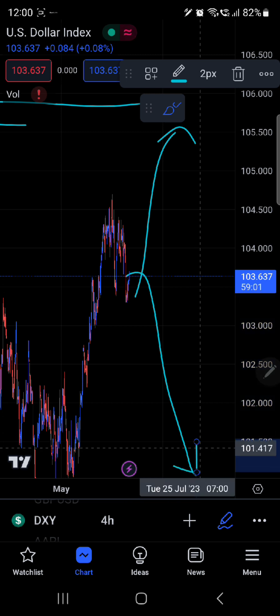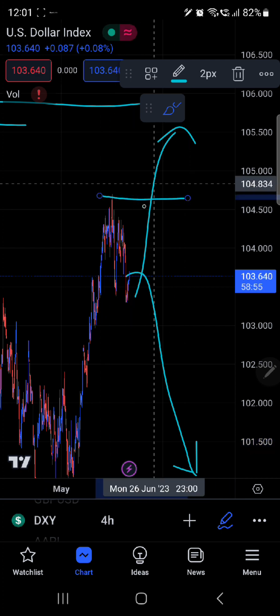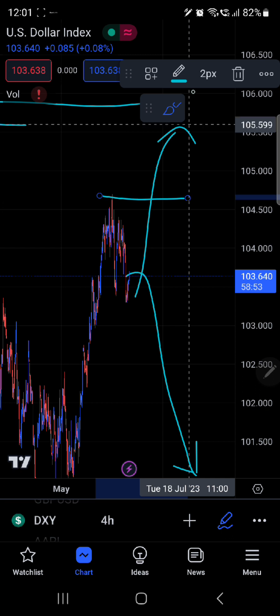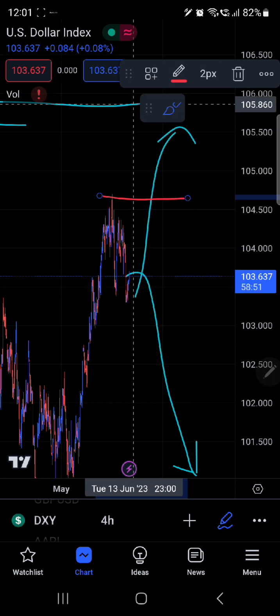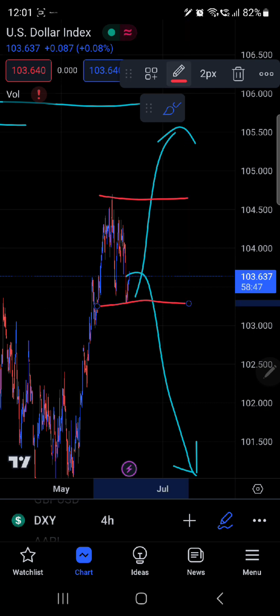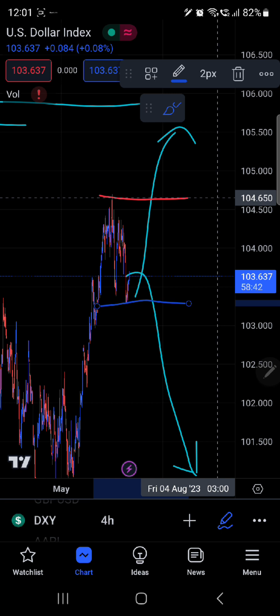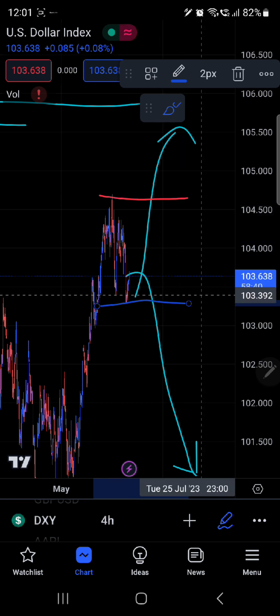What you need to wait for is a small breakthrough. See right here, this is a small resistance. Then right here, there's a small spot. Either one, it should break. If there is a breakthrough, then it will go up.